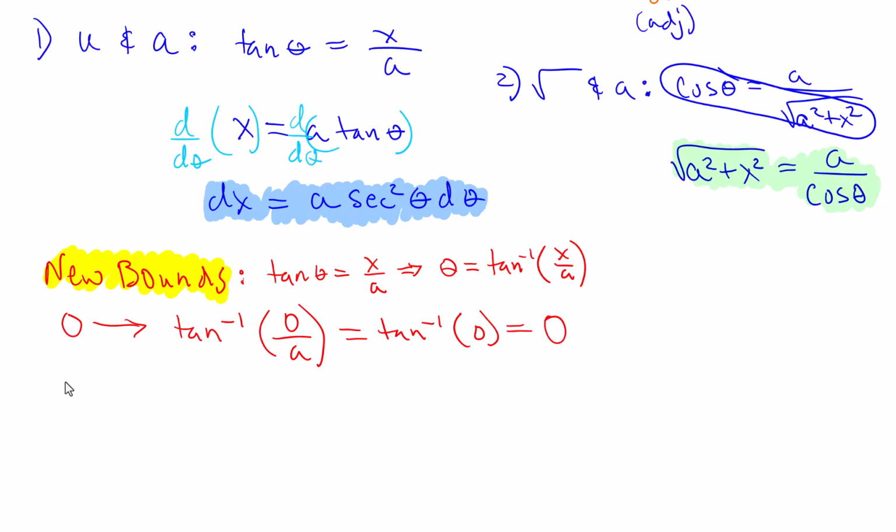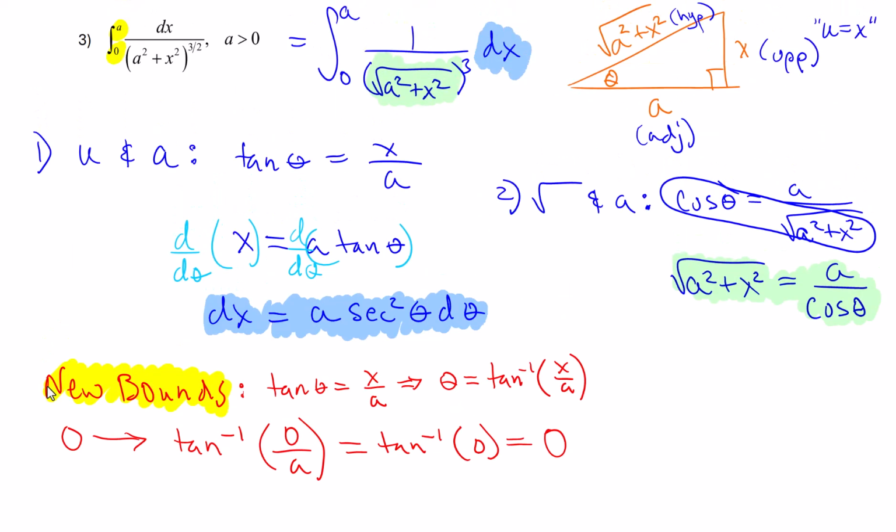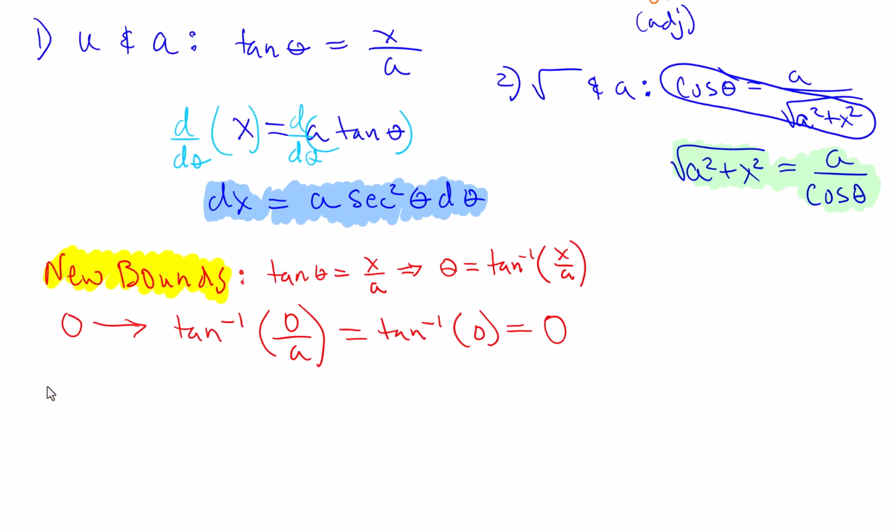0 was the lower bound. Let's see, the upper bound was what? a. Okay, well that's just a value. It's a constant represented by a letter. So we're going to translate that the same way. Instead of a, we need the tangent inverse of, instead of x over a, this is going to be a over a, of course, that's just 1, no matter what a is. a is a positive constant, so we know that this is the tangent inverse of 1.